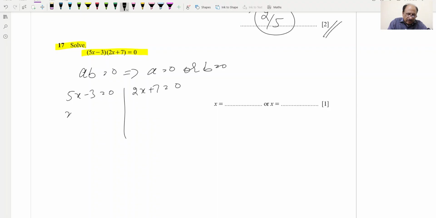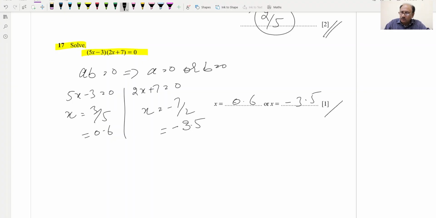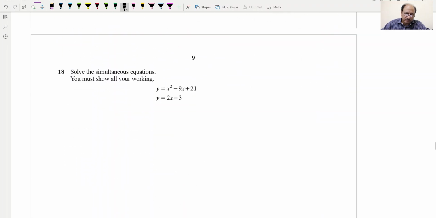This implies x will be equal to 3 by 5, and x is equal to minus 7 by 2, and 3 by 5 will be 0.6, and minus 7 by 2 will be minus 3.5. So our answer will be 0.6 and minus 3.5. Hopefully you understood. This is only a 1-mark question.